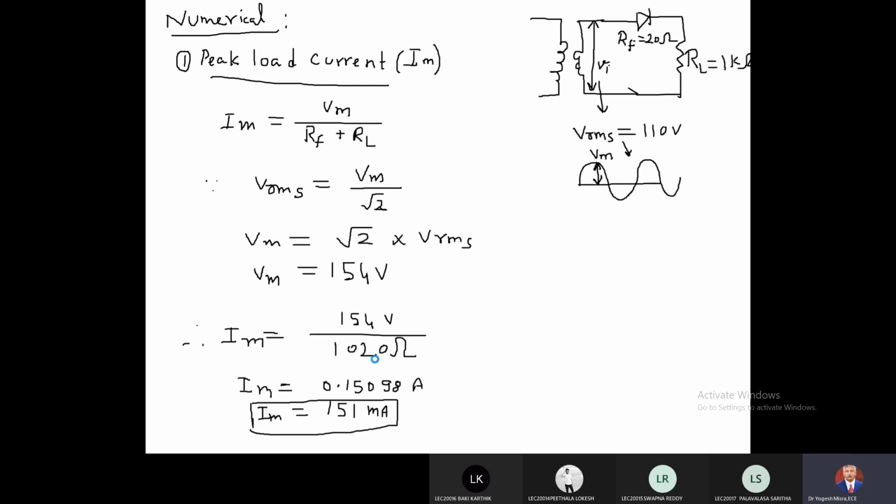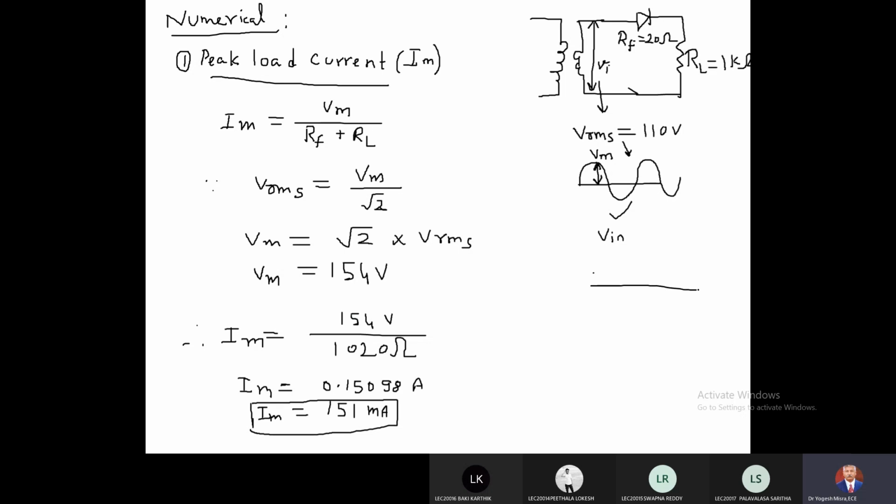See here, this is Vin. But when I am talking about load current, AC load current, means the current which is passing through the RL, and its AC value will be different from this, right?